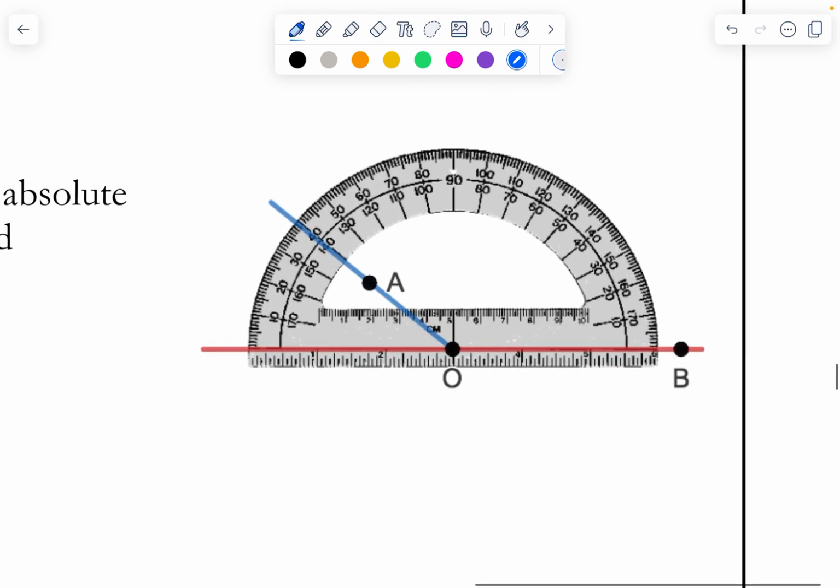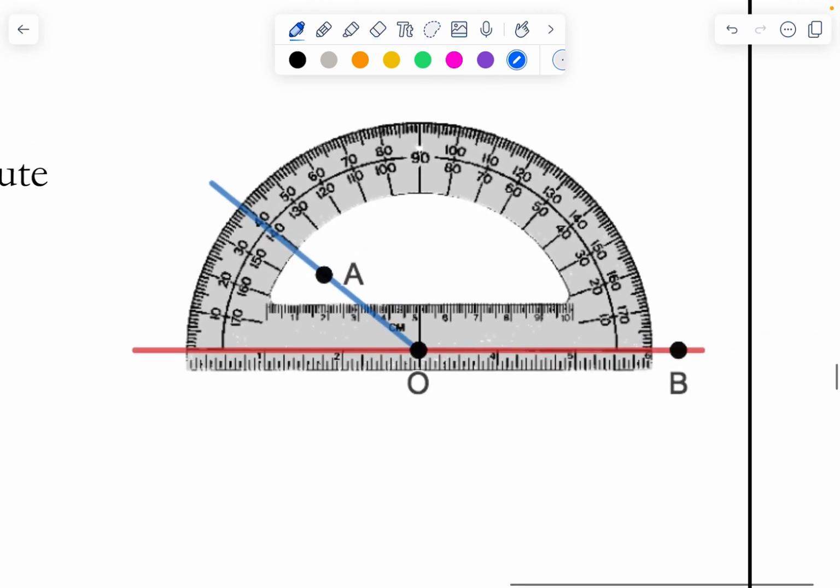Okay, so for example, let's look at, if we have, let me highlight this, AOB, we would see that the A is here on the 40 and B is all the way at 180.